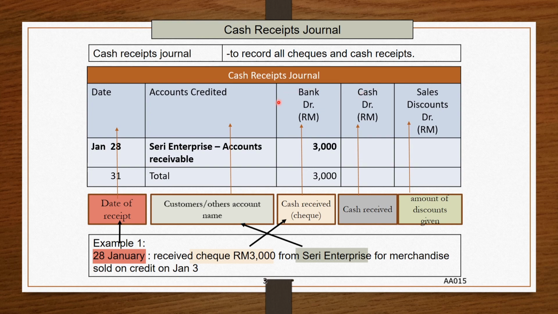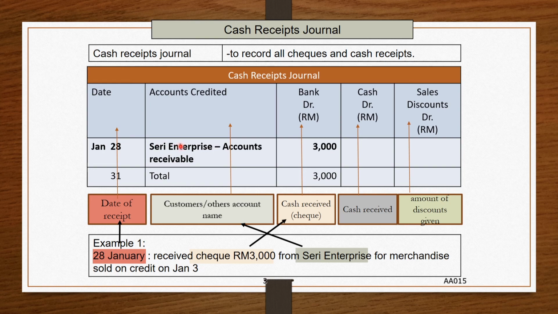So, look at the first example. 28 January, received check Rm 3,000 from Seri Enterprise for merchandise sold on January 3. So, we have to record the transaction. This is the date of the transaction, 28 January.